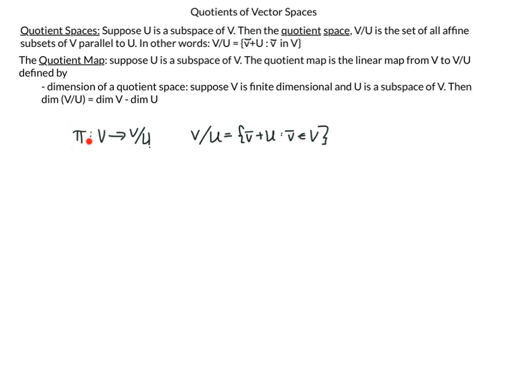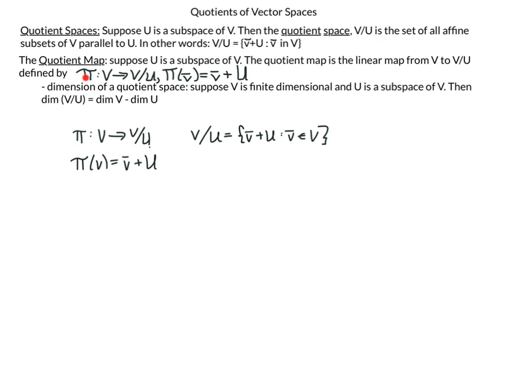So we want to define this quotient map. We're going to call it pi. It goes from the vector space V to the quotient space V over U. How do we define V over U? It's equal to the vector V plus U. So if pi takes a vector V and we want it to equal some element of the quotient space V over U, the obvious choice is V plus U. That's what I'm going to write as my definition.